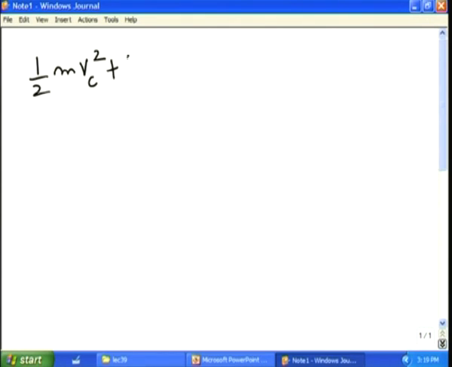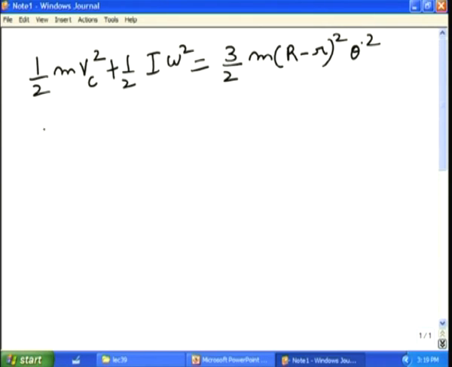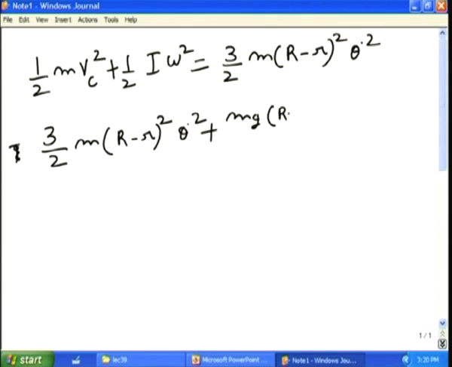Total kinetic energy of the cylinder is half m Vc square plus half I omega square, which we got as 3/2 m (R − r) square theta dot square, and total energy comes out to be 3/2 m (R − r) square theta dot square plus mg (R − r) theta square by 2 is equal to constant. Differentiate this expression with time.